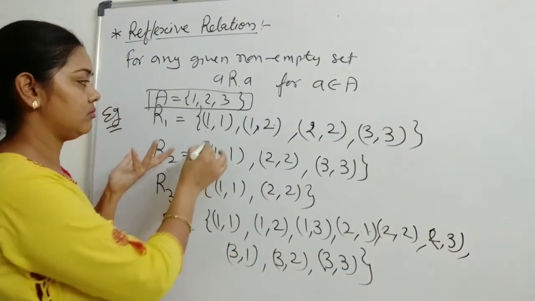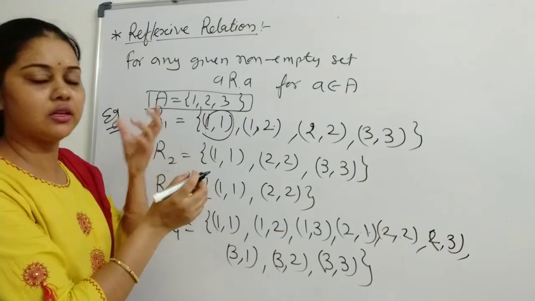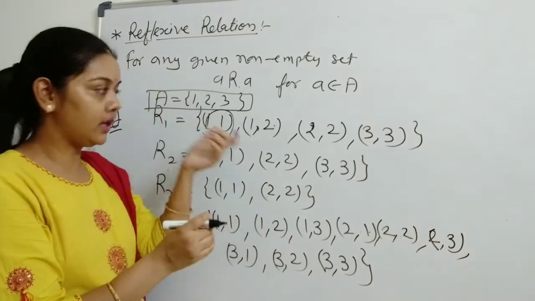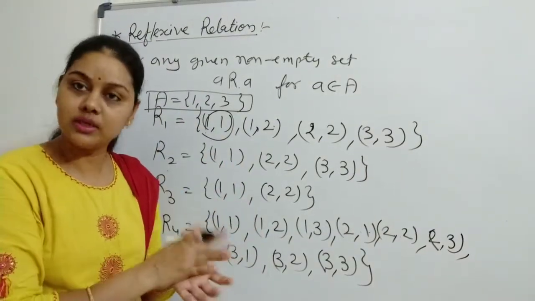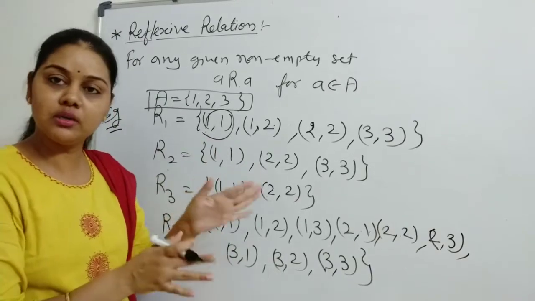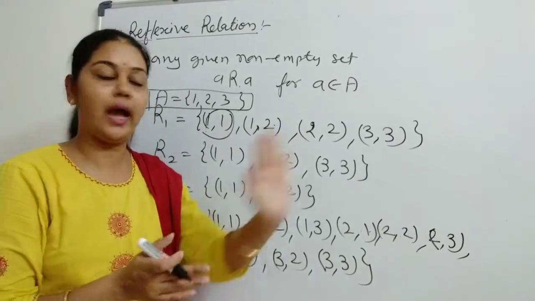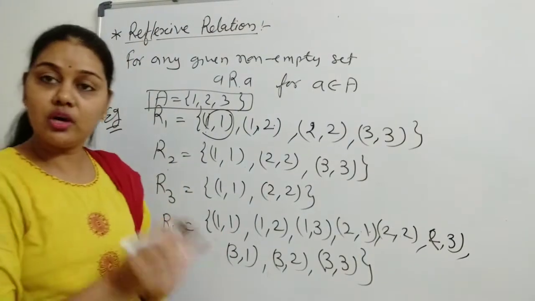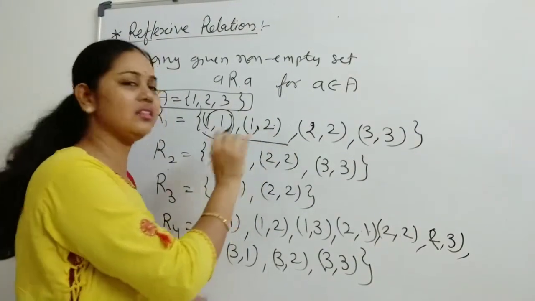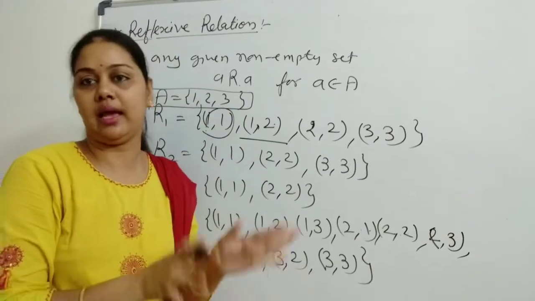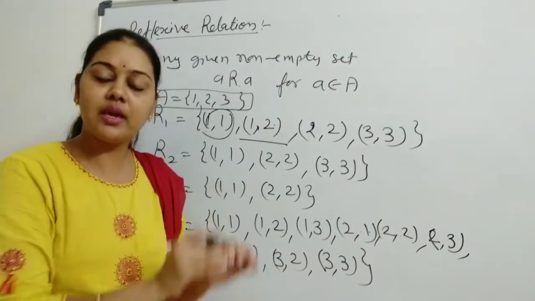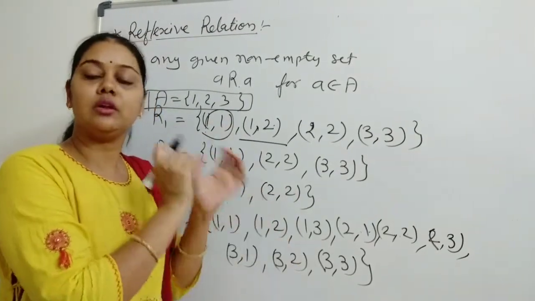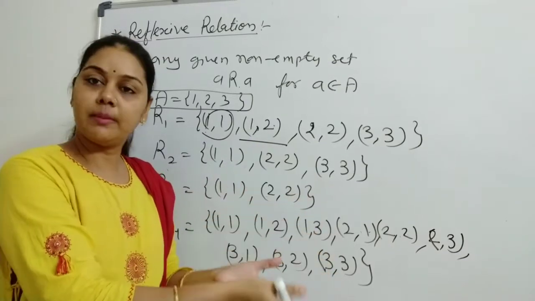It means there is no element remaining in A which is not related with itself: 1 is related with 1, 2 is related with 2 and 3 is related with 3. In a reflexive relation, there must be all the elements related with themselves.